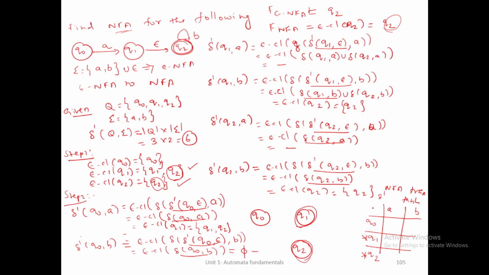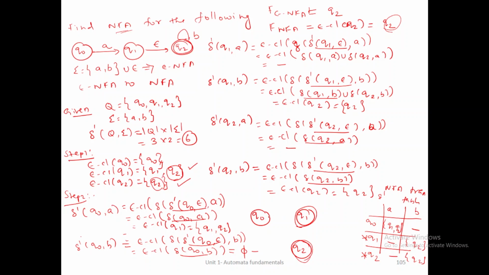What is the answer of Q0A? It is Q1, Q2, so you write those 2 states here. Q0B? No. Q1A? No. Q1B? Q2 is there. Q2A? No. Q2B? Q2.